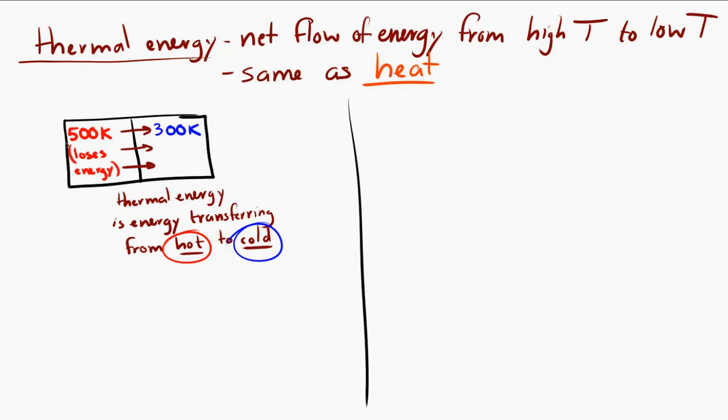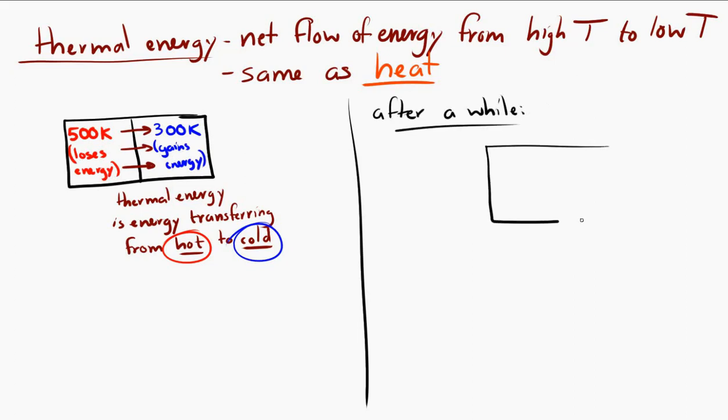And after a while, those two objects should reach an equilibrium. The hot object will get cold enough and the cold object will get hot enough that they'll be at the same temperature. So, in this situation, let's say that they both reach a temperature of 400 K. Well, at this moment, we say that those two objects are in thermal equilibrium.